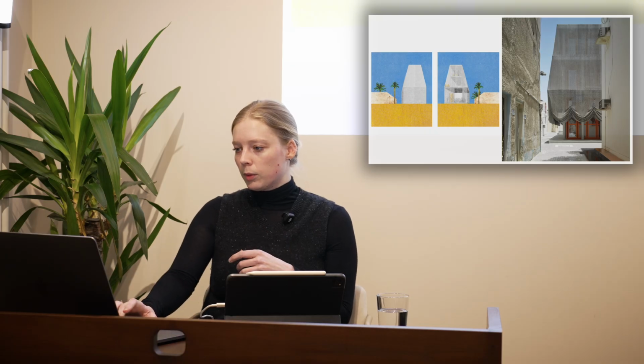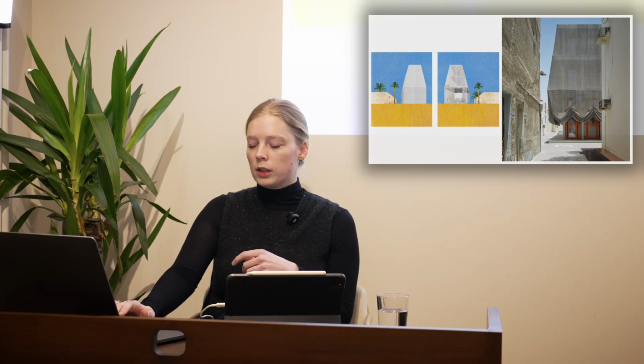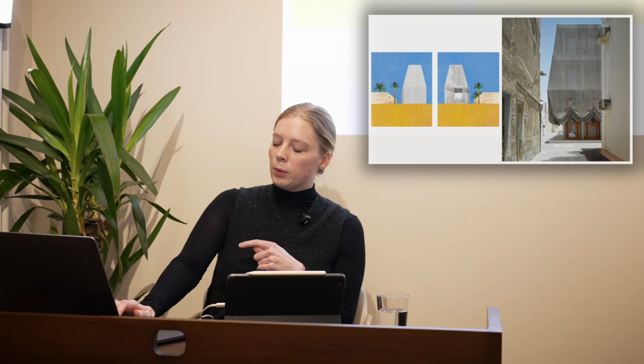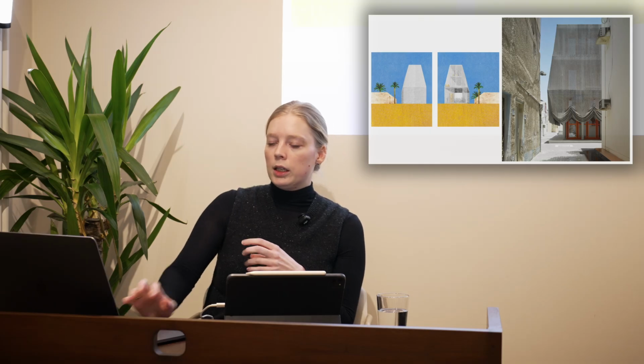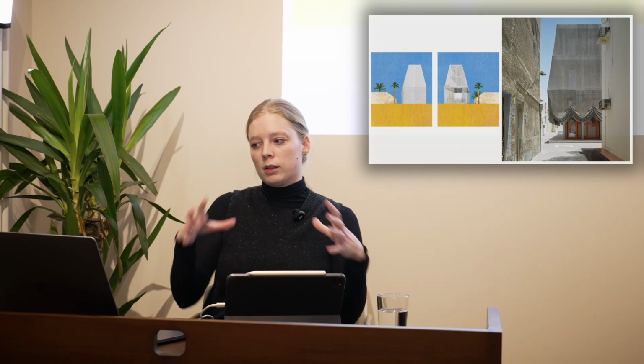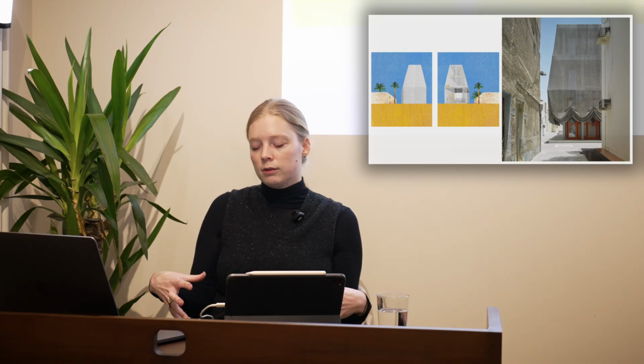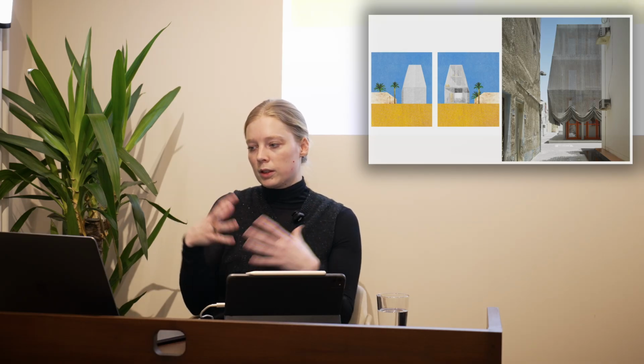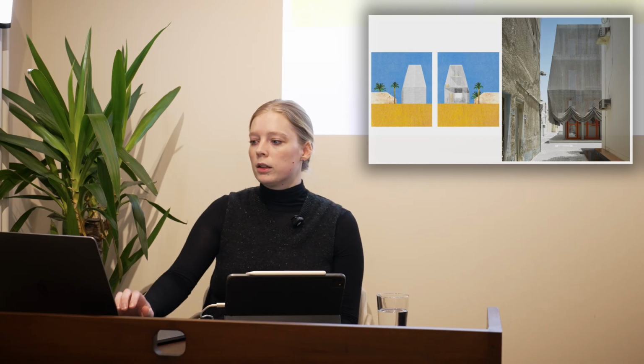So this is a project by Office Kersten Geers David Van Severen in Bahrain, and the main conceit of this project is this stage curtain that encompasses the whole building, so it becomes the facade.